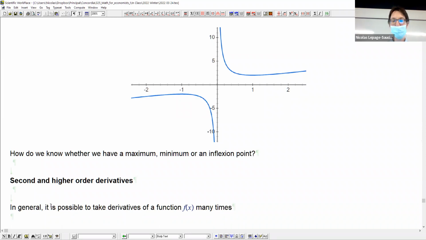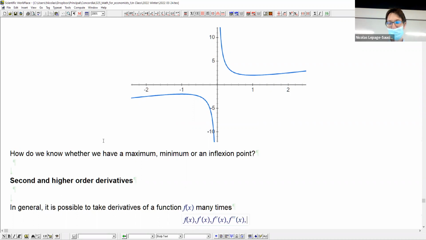So how am I going to note them? Well, I have f of x. This is the 0th order derivative. I don't take a derivative. Then I can take the first order derivative. So it's what we've been doing so far, f prime of x. But then with the same notation, I would have f prime prime of x, then f prime prime prime of x.